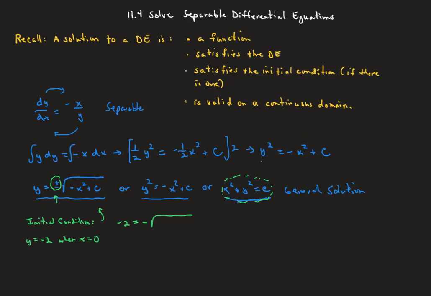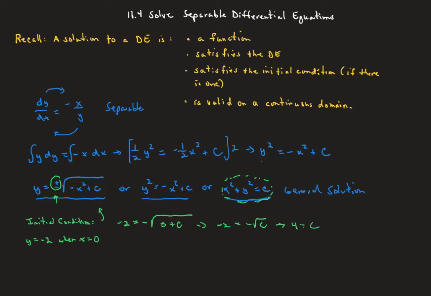And then I'm going to plug in the 0 for x, so that's going to be a -0 squared plus c. And so that means we have, at this point, the -2 is equal to square root of c. If we square both sides, we're going to get that 4 is equal to c.